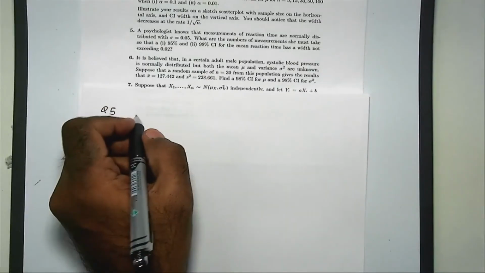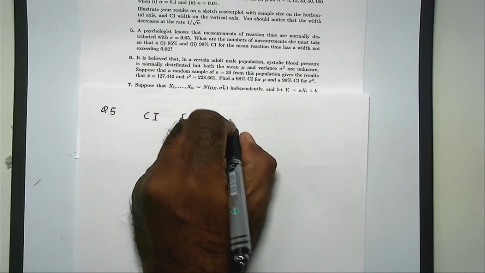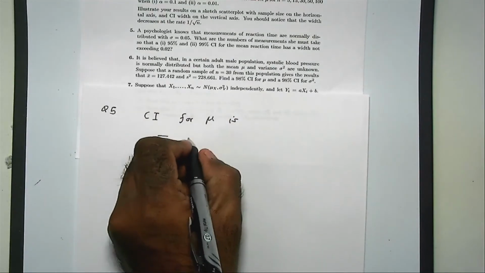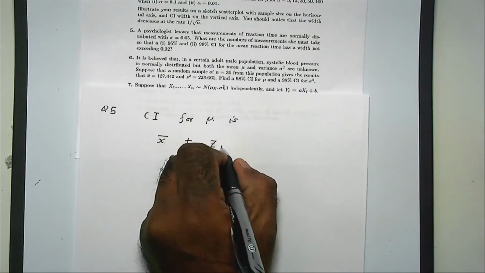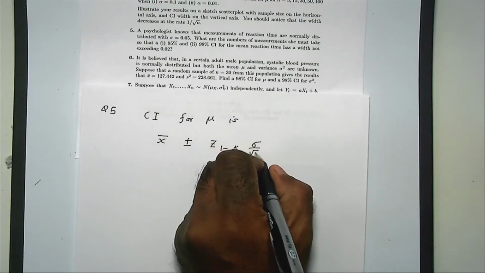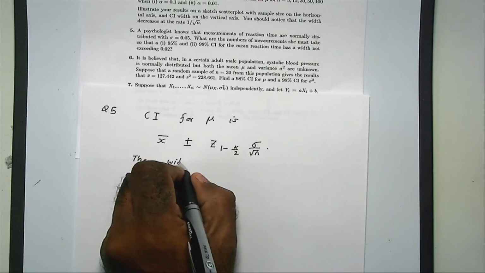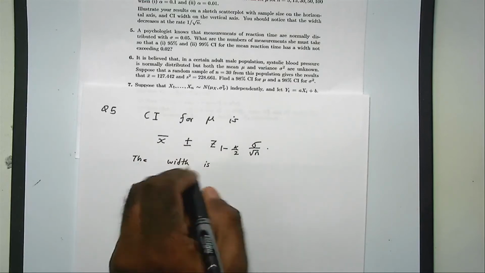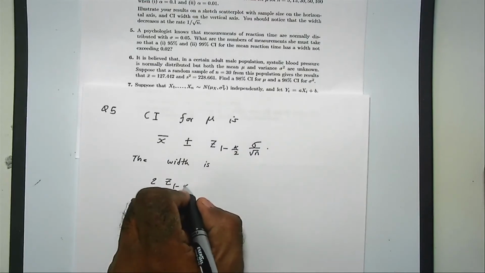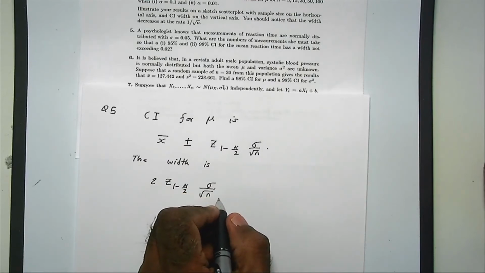Now remember the CI, the confidence interval for mu, as I said in the previous question, is this. This is the confidence interval for mu. So the width of this confidence interval, as I said before, is 2 times this.